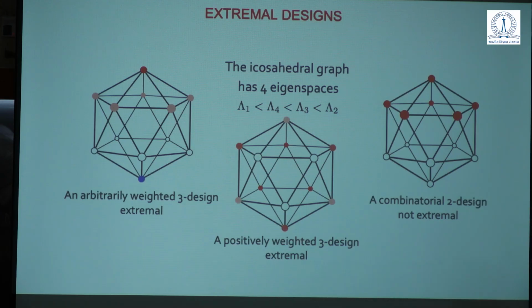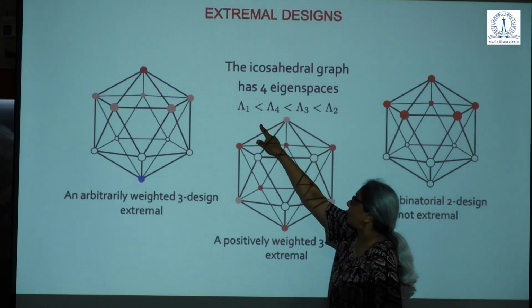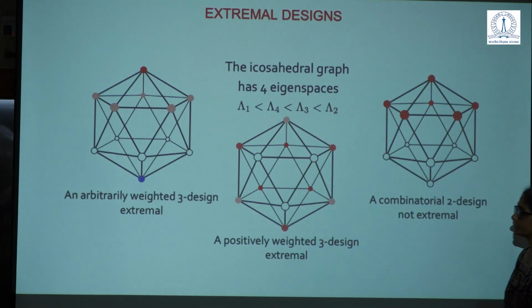So let's look at some extremal designs. So here is the icosahedron again, and I want to order it this way, same ordering, and I want to average lambda 1, lambda 4, and lambda 3, leave out lambda 2, okay? So again, okay, now I see where the mistake was. So this is the correct slide, okay? So now I'm looking for 3 designs, right? I'm averaging 3 eigenspaces, lambda 1, lambda 4, lambda 3.